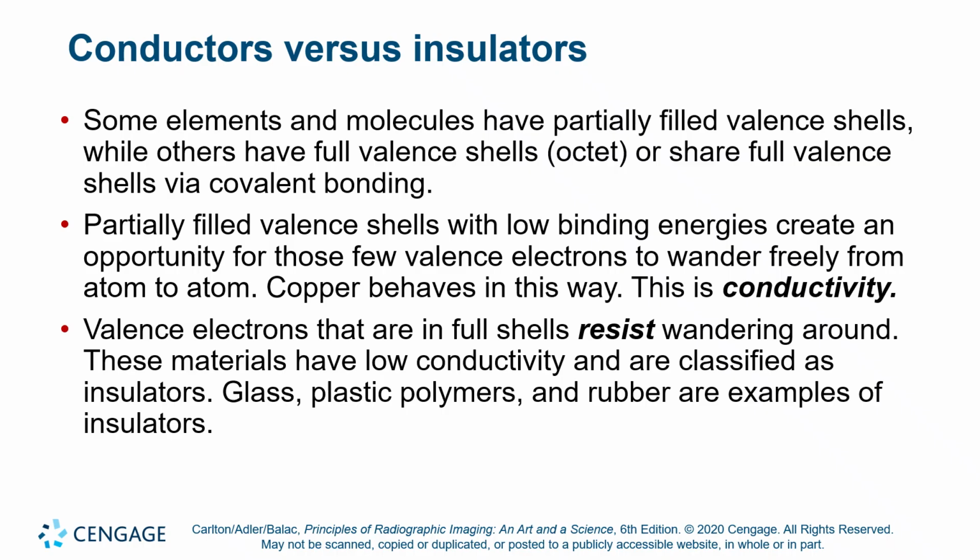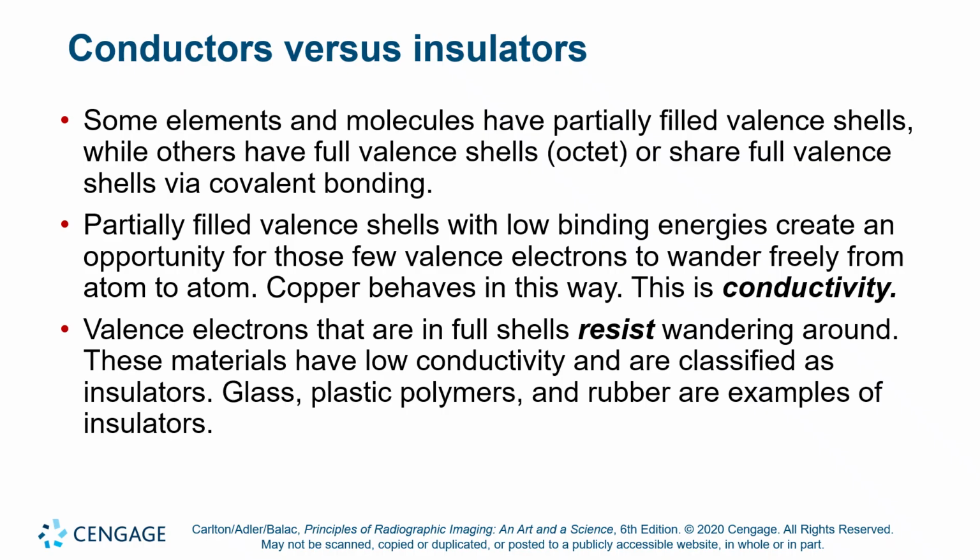Copper, I think, either has one or two valence electrons loosely tethered, low binding energy. Okay. So it's another way to say that it's got a low energy threshold for conductivity.